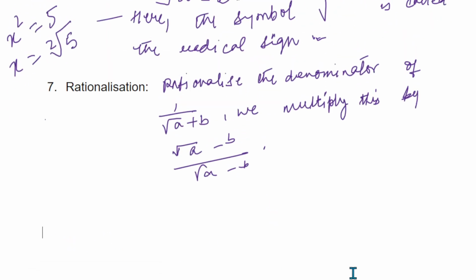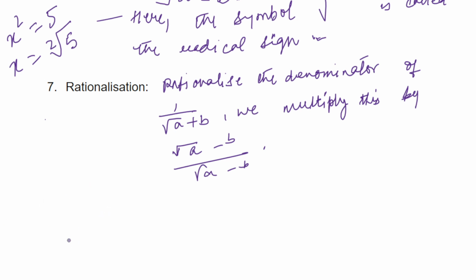Okay, this is example 7, rationalization. Rationalizing the denominator. That means if I have 1 by root a plus b, and I am asked to do the rationalization of the denominator, this type of question is most often asked. How do you do this type of sum?